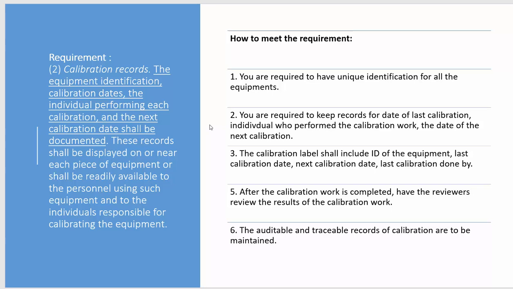After the calibration work is completed, it's highly recommended to have reviewers review the results and sign off, making sure that there has not been any inaccuracy. It's always recommended, and required, that we maintain documents which are auditable and traceable at all times.